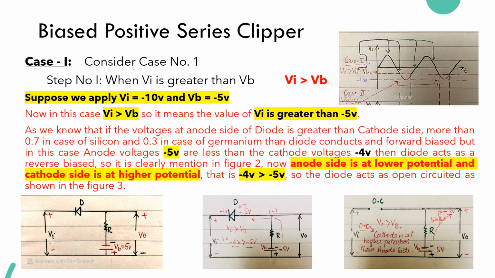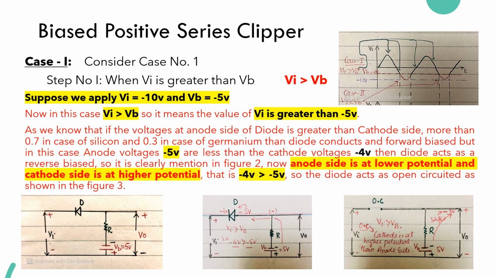As we know, if the voltage at the anode side is greater than the cathode side, by more than 0.7 in case of silicon and 0.3 in germanium, then the diode conducts and is forward biased.